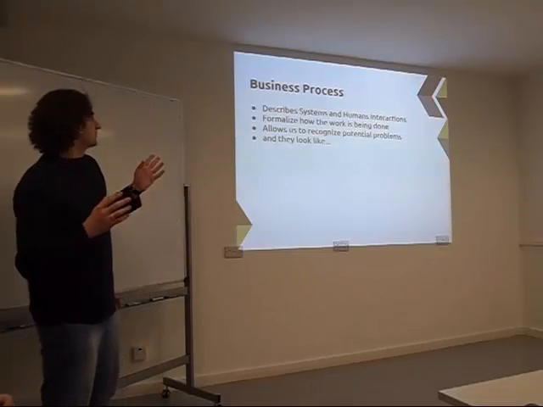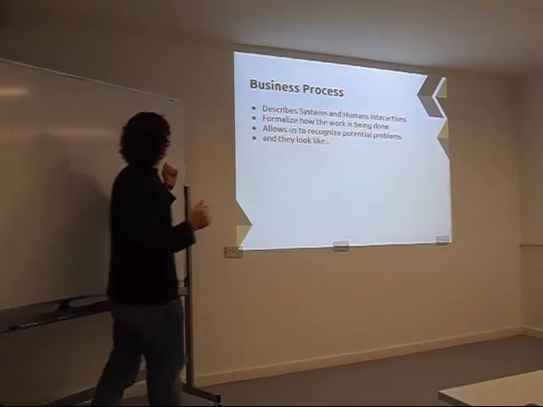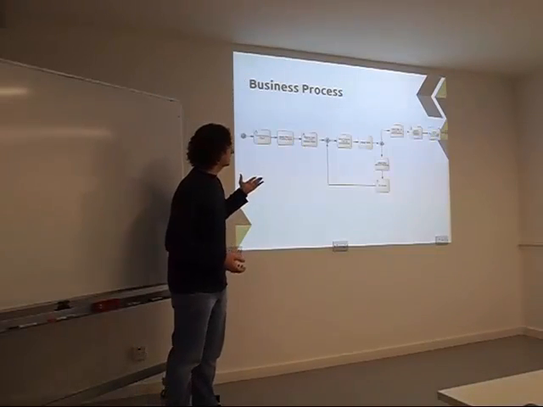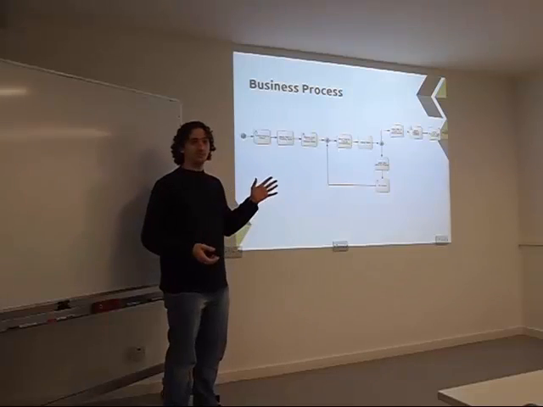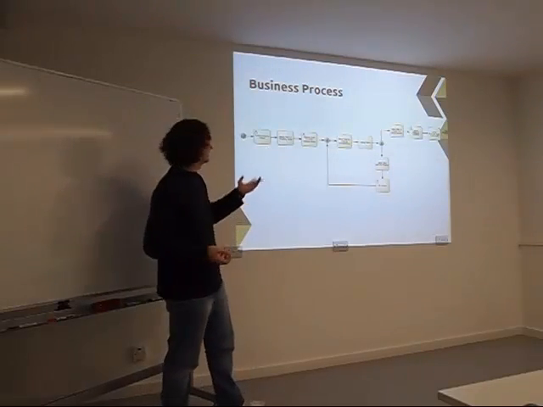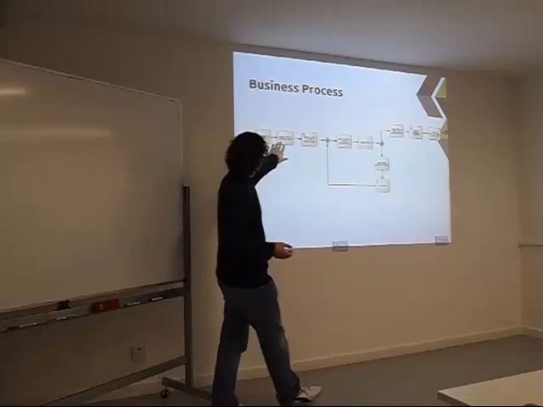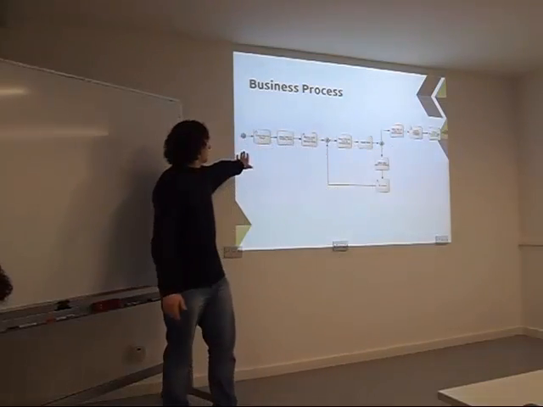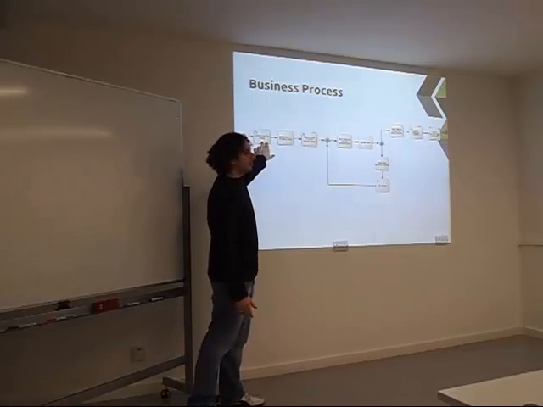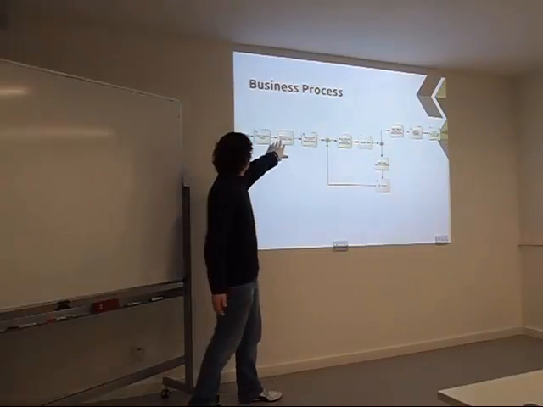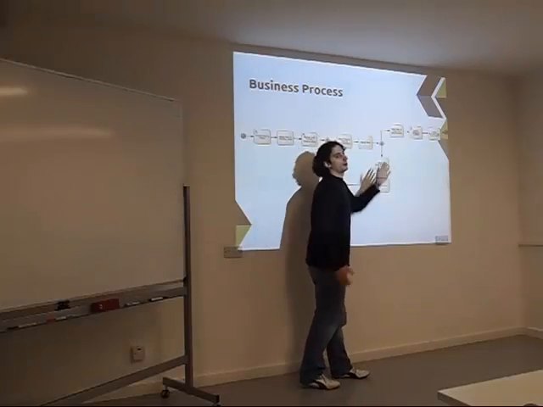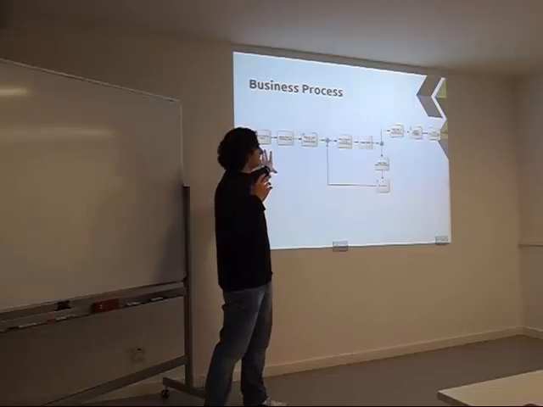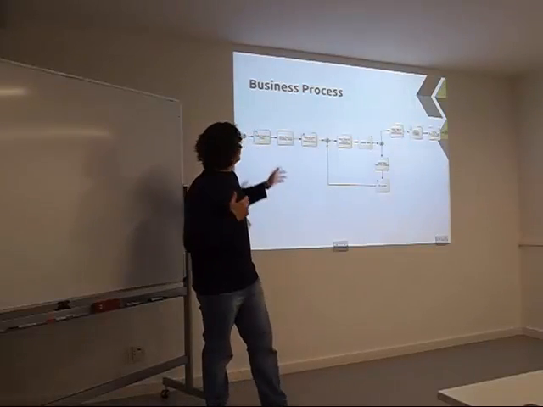Sorry. So let's see how a business process looks. This example is about a release process of a software, where we have different tasks that must be executed. We have tasks that involve humans or people, and tasks that are automatic or that involve interaction between the process engine and external systems.